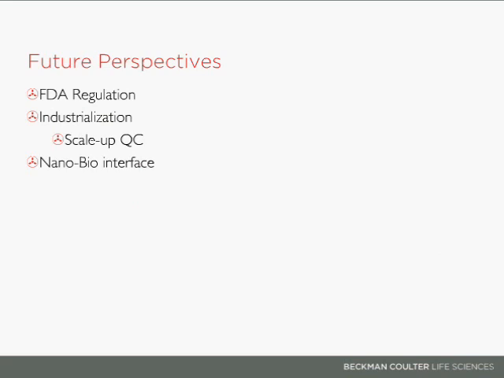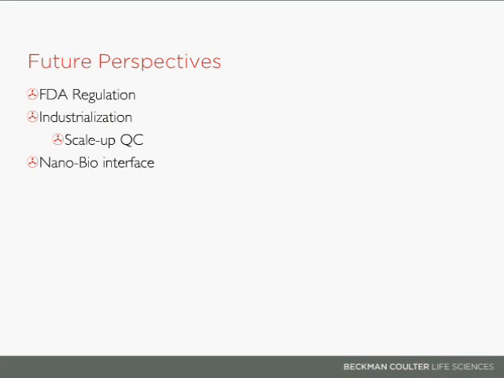And finally, as the nano-bio interface becomes increasingly popular between an inorganic core molecule and some bio-related molecule, a peptide or a DNA or protein fragment, the understanding of how these interact can be studied by AUC, and I believe that will also be a powerful tool. So in conclusion, AUC is a powerful technique for analyzing the composition of nanoconstructs.